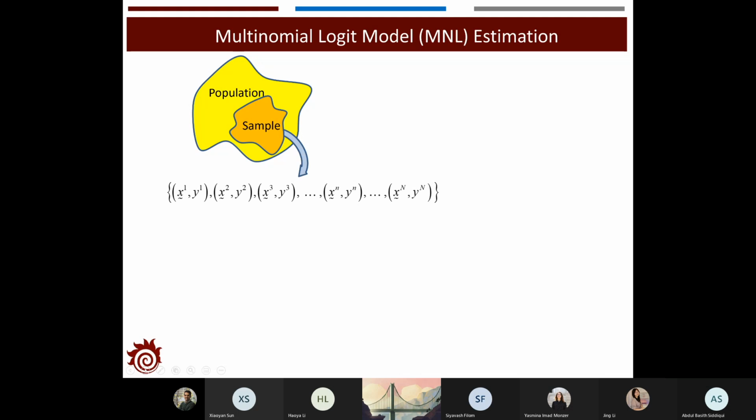And in this sample, we will conduct a survey or apply some advanced data collection methods to get the independent variable x and also know their decisions about the choice of the mode. So we have x and y for all the individuals in the sample. This is only applied to the sample. Then we use all the sample data and apply some statistical methods to find out the population parameters.